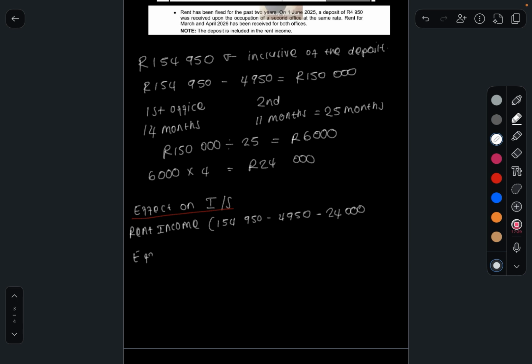And then the effect on the statement of financial position, did I say SP the last time? I hope I did. It's going to be payables, right? Trade and other payables. You're gonna add this 24,000 because it's payable, right?